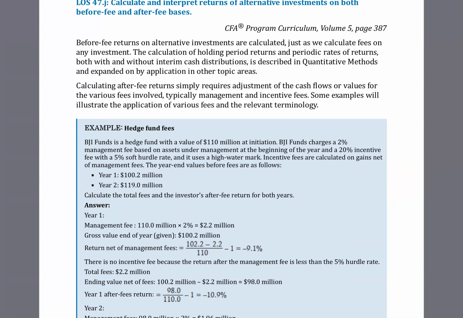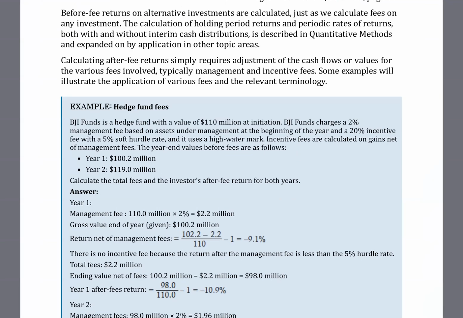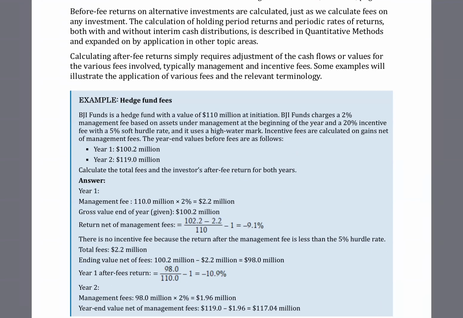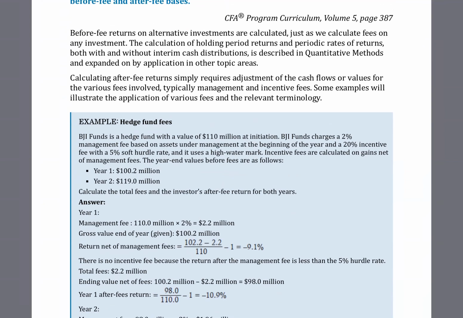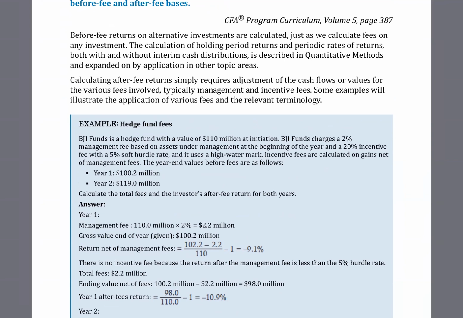Okay, so let me try to explain it in a different way so we can understand. A soft hurdle is saying that when they give you a return of 5%, in order to pay you the 20%, I am just going to look at whether you have been able to meet 5% in the year.